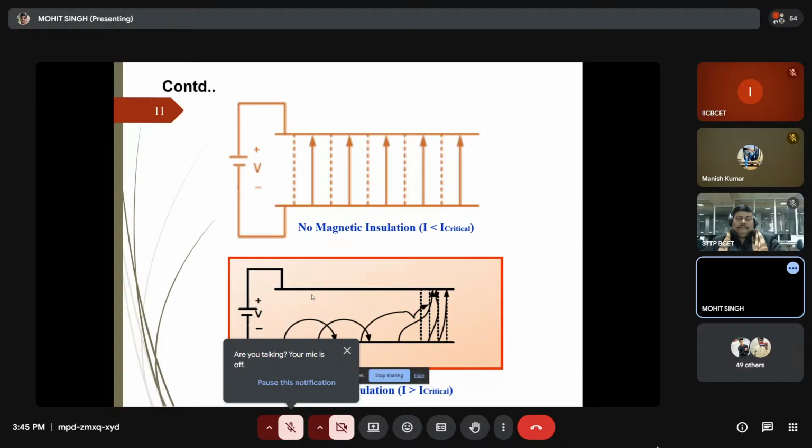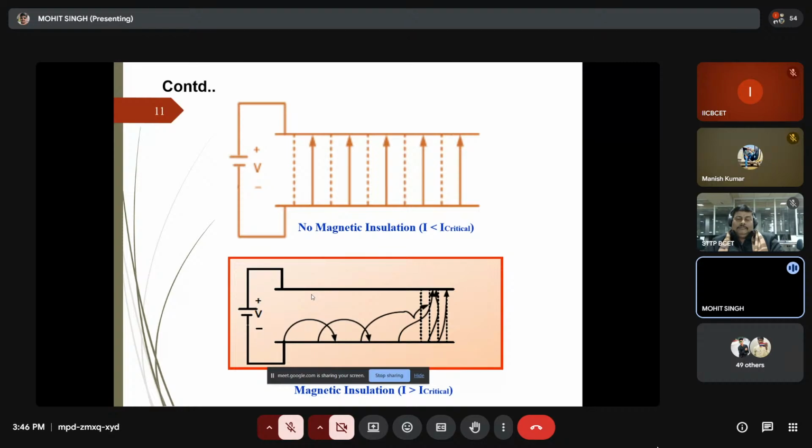I hope you know the relation between electric field and the drift velocity. That drift velocity is due to this electric field, and this magnetic field is bending the electron trajectory. Now they are moving parallel to the anode structure, and the velocity with which they are moving forward is called the drift velocity.